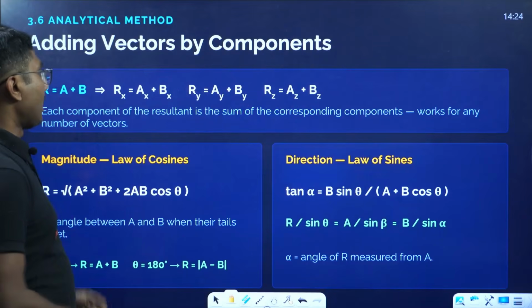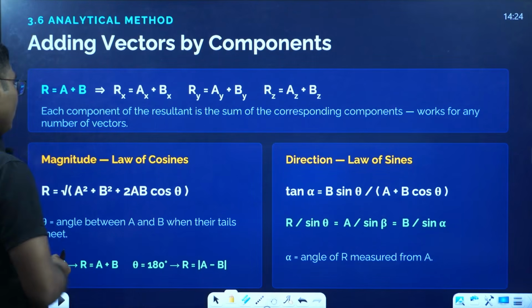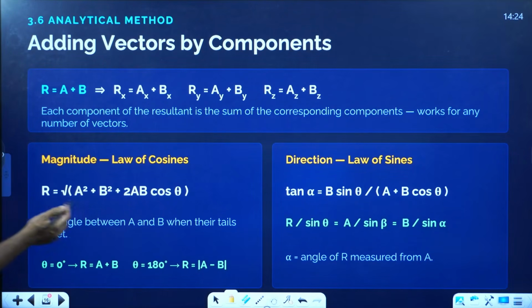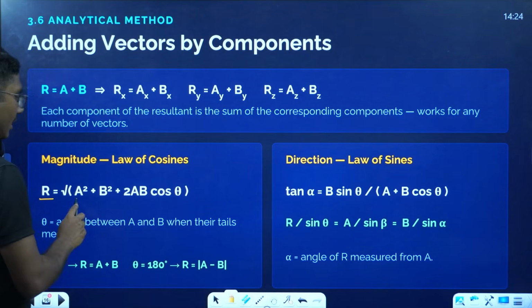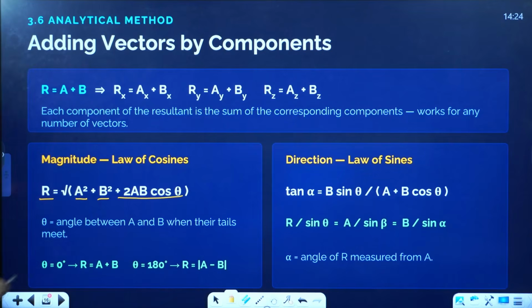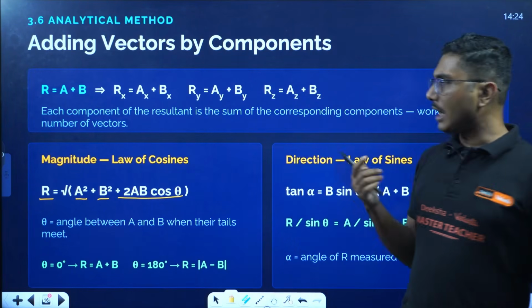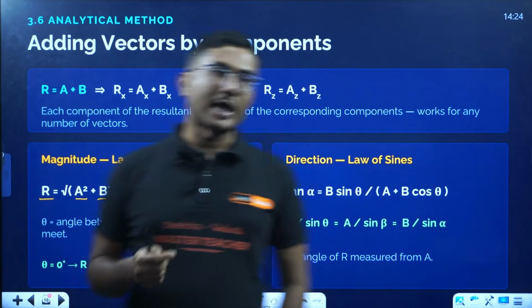Now, when you are adding two vectors, normally the addition formula is that the resultant r vector equals the square root of a square plus b square plus 2ab cos phi. That is the normal formula when you are adding two vectors. Now there are other ways to add two vectors.